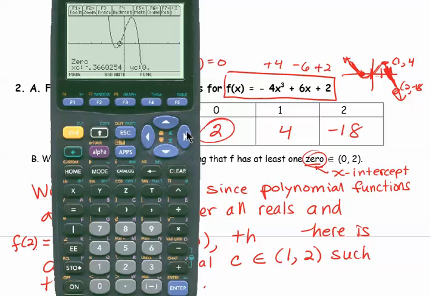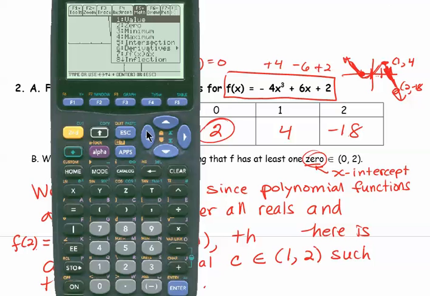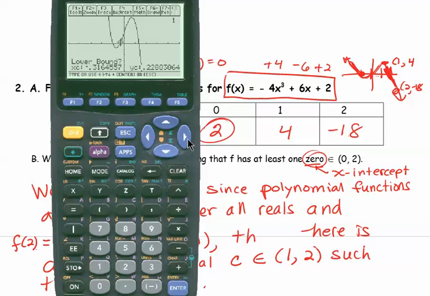And then if you want to do the last one, we knew it was between 1 and 2. So now I'm going to do choice 2 again to find the next 0. And I'm going to let the cursor move quickly to the left side, a little too far there. And hit enter for lower bound, and move to the right side of the intercept for an upper bound.